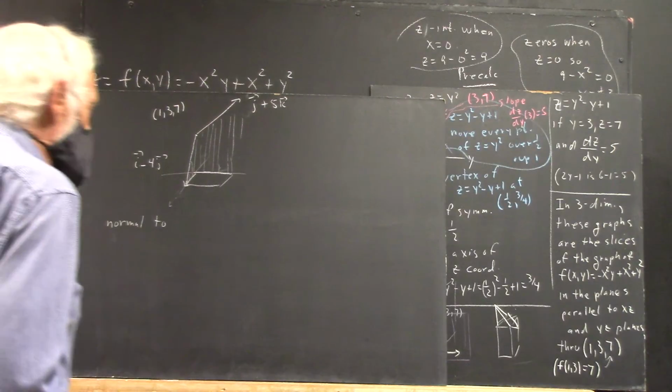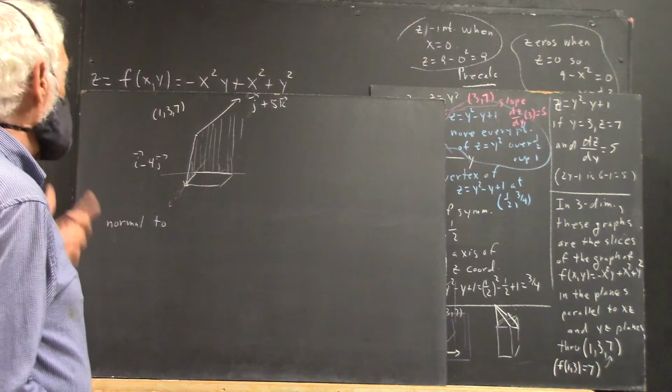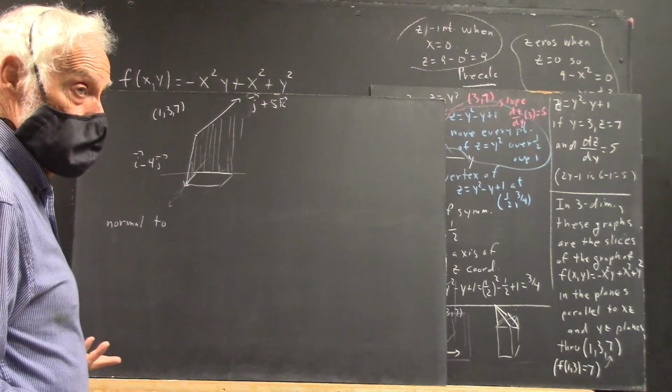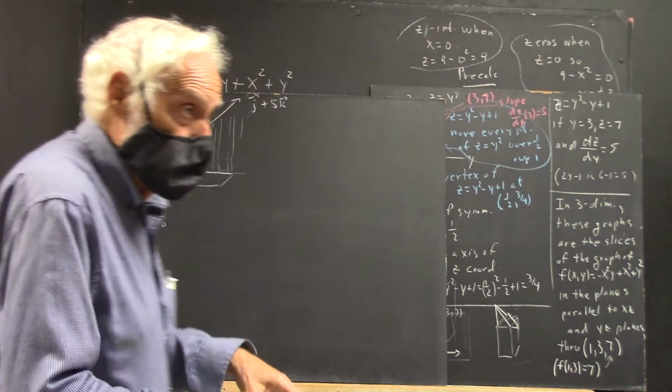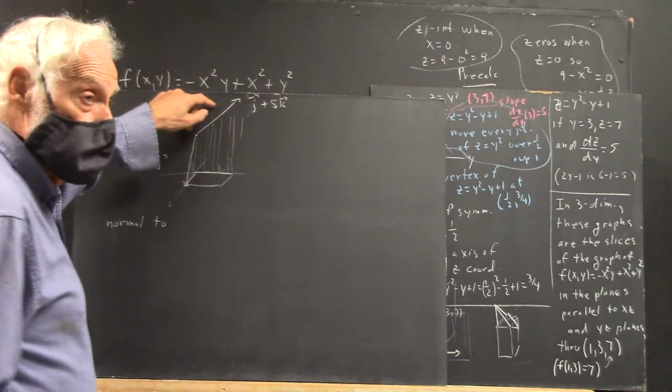And what's it normal to? Well, it's normal to the tangent plane. The surface has a shape, and there's a tangent plane at this point that's perpendicular to both of these vectors.